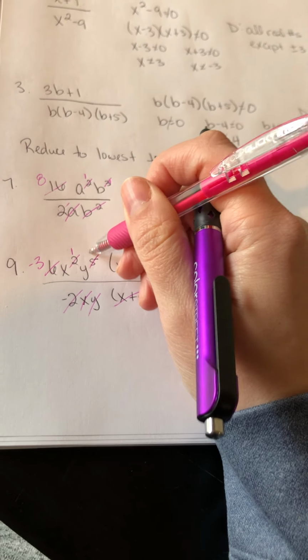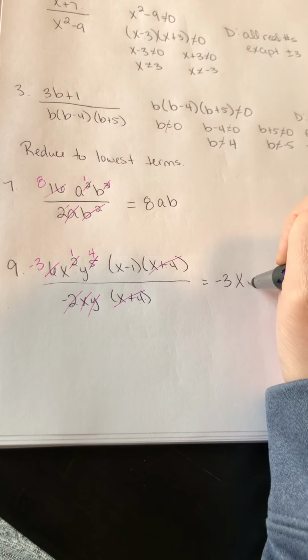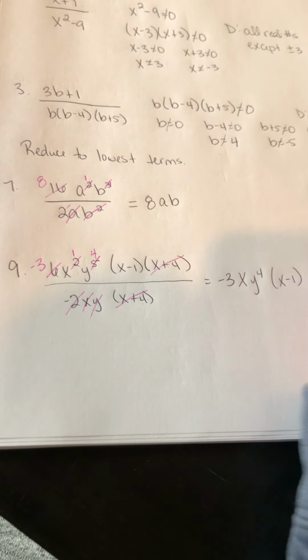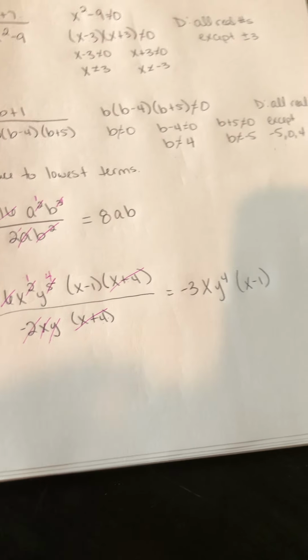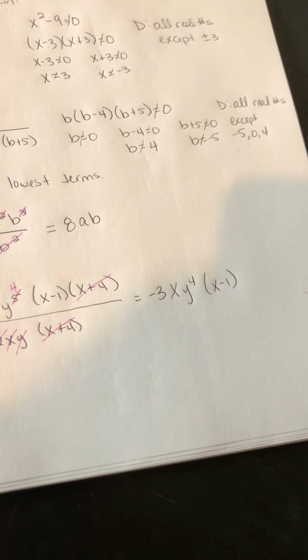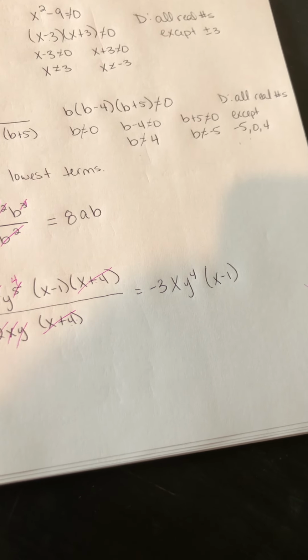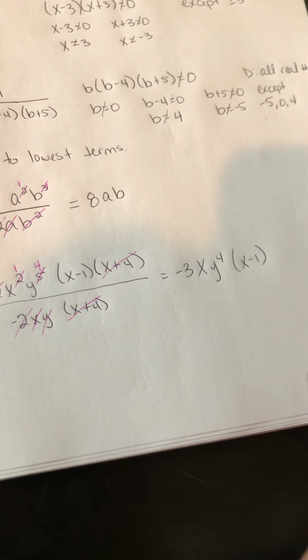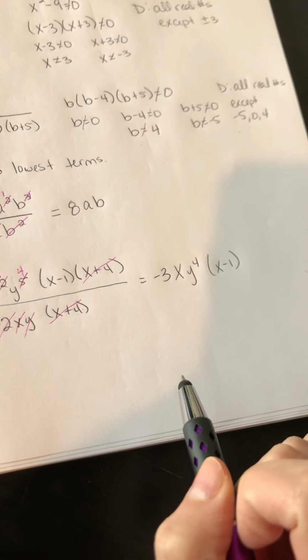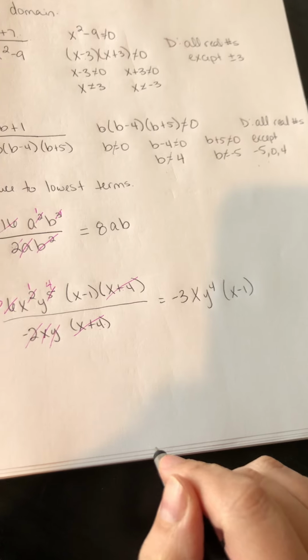So 5 minus 1 is 4, so we've got a y to the 4th. And then the x minus 1 just stays. And you do not have to multiply that out or anything. You can just leave it written as is. And our denominator is now gone. Everything's crossed out, so it's just a 1 in the denominator, which we don't have to worry about writing.